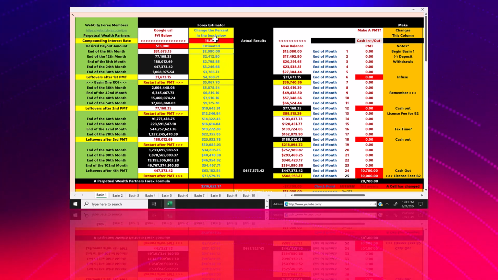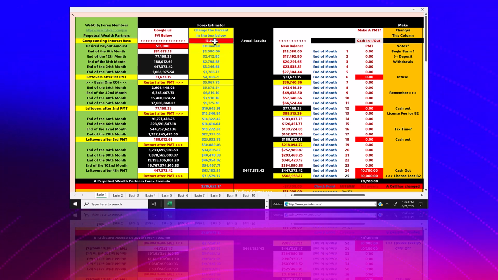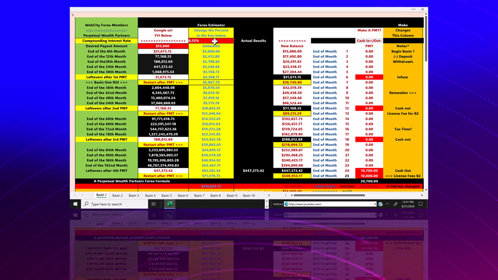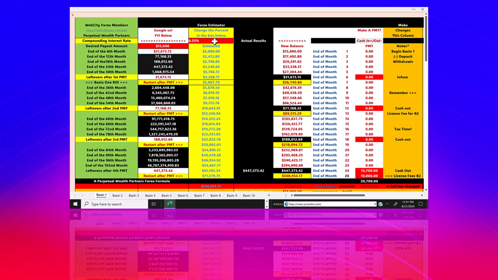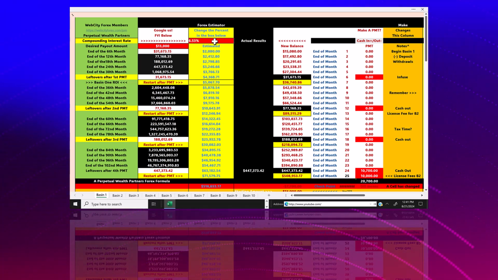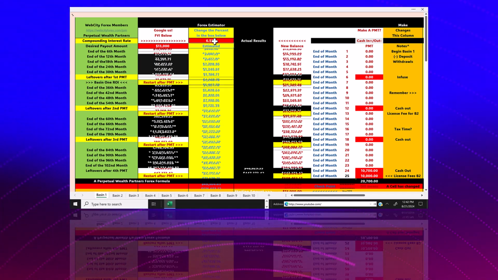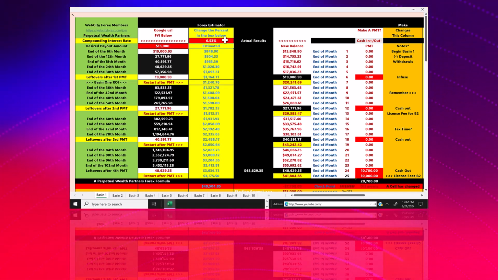This is at 16%. Let's look at it more conservatively at the 6.53, which stays even with compounding monthly for the inflationary rate.